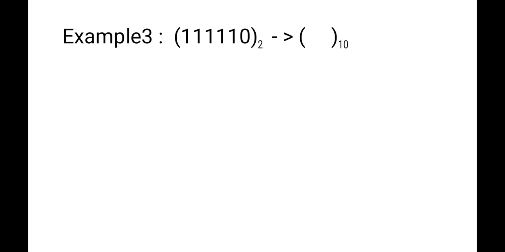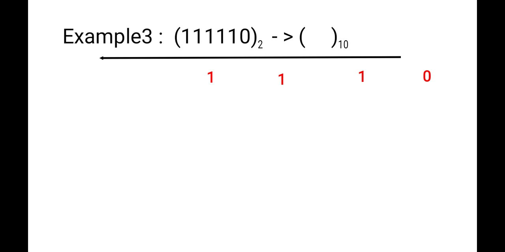Now in this example we have 111110. This is a binary number. We have to find its decimal equivalent. We will note it down in the expanded form. And now we will multiply each binary digit with its position value, that is 2's power. 2's power 0.